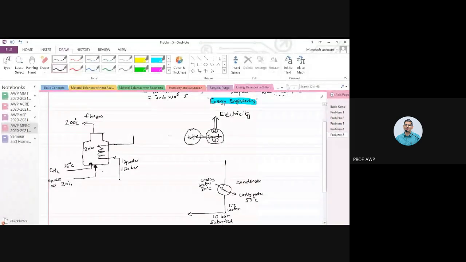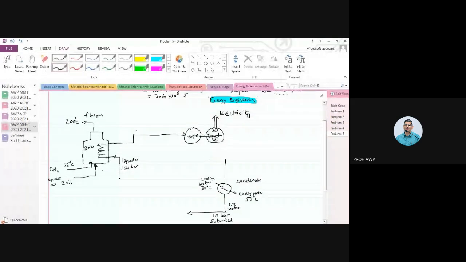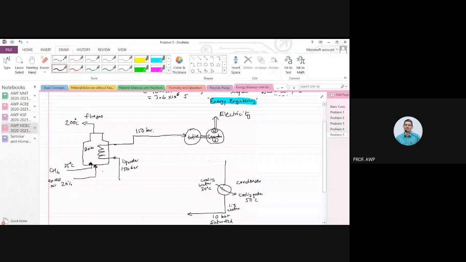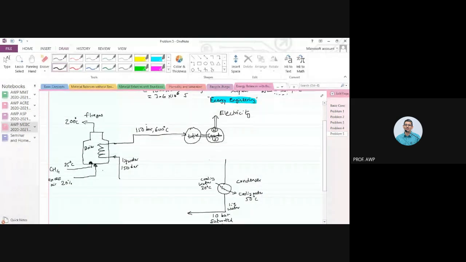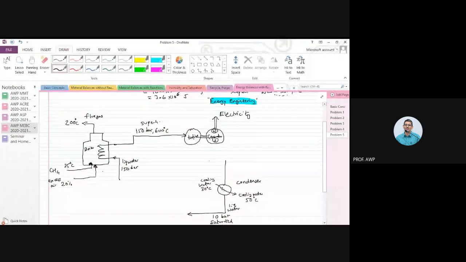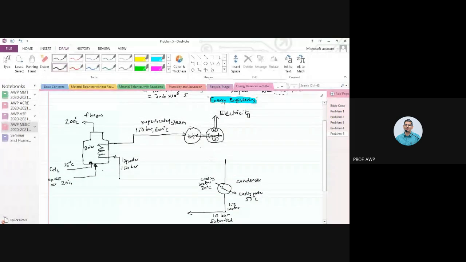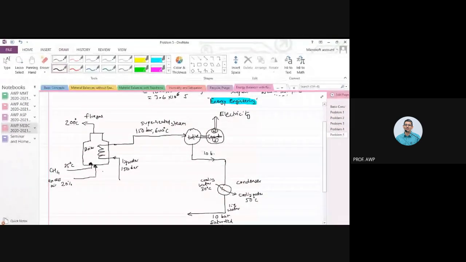So we supply 150 bar 600 degrees centigrade superheated steam. And we get out of this turbine 10 bar saturated steam.